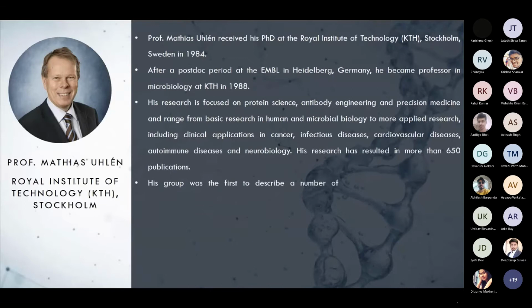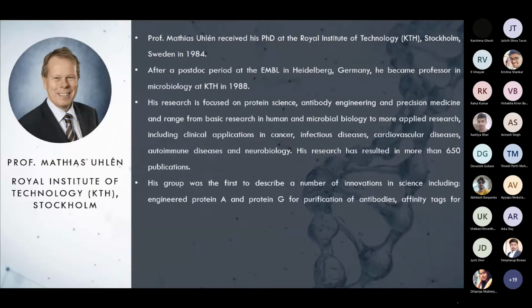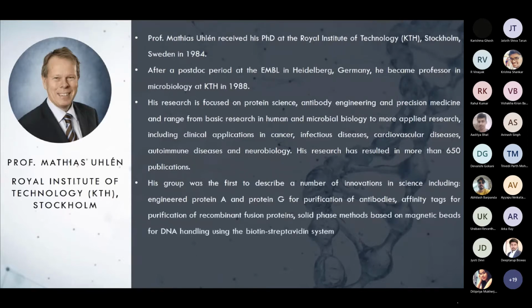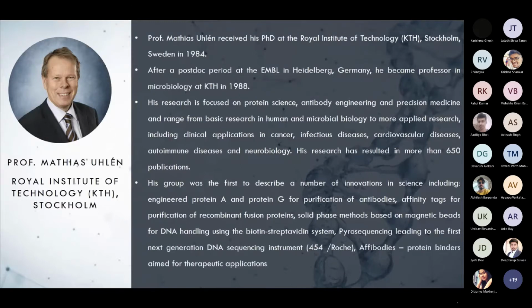His group was first to describe a number of innovations in science, including engineered protein A and protein G for purification of antibodies, affinity tag for purification of recombinant fusion proteins, a solid phase method based on magnetic beads for DNA handling, biosequencing leading to the first next generation DNA sequencing instrument, 454 Roche, and Affibodies, protein binders aimed for therapeutic application.